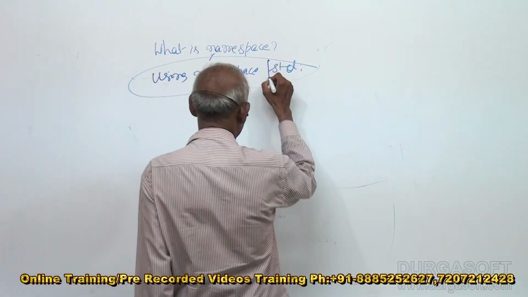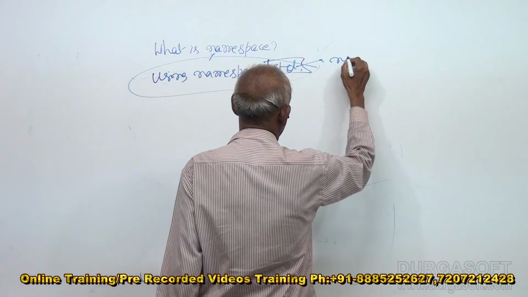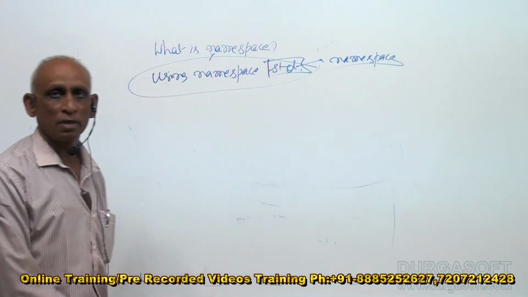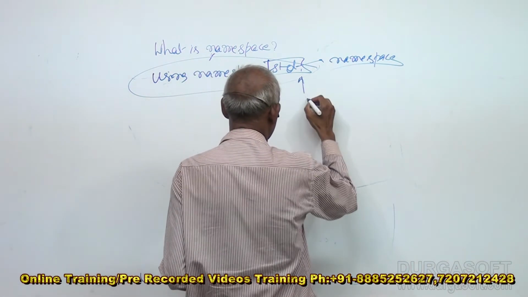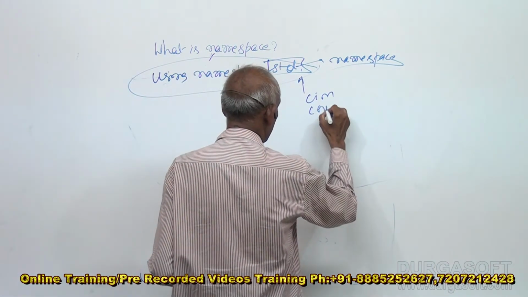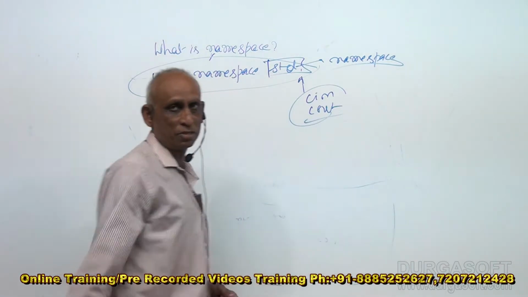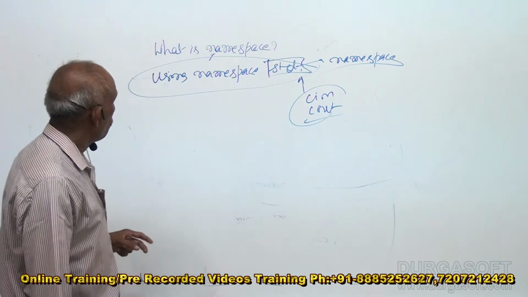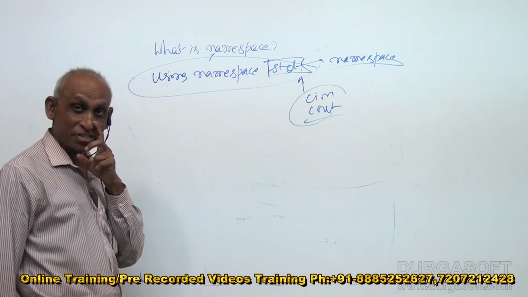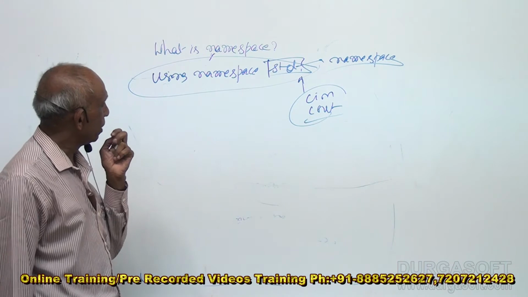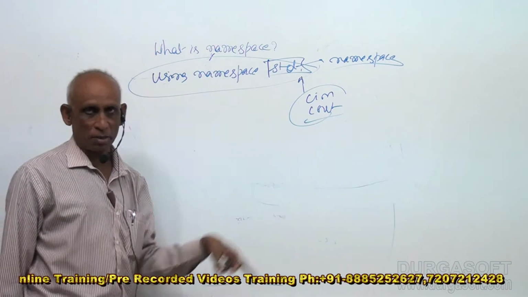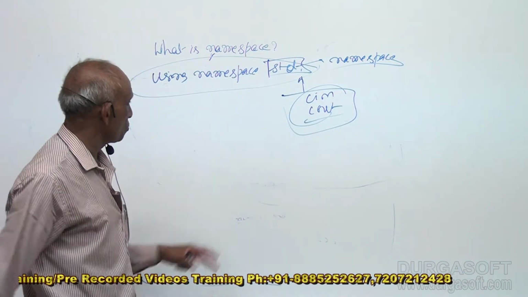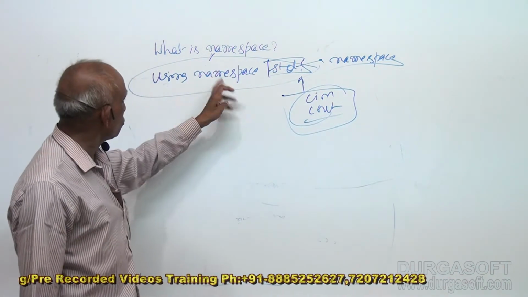So here std is a namespace, a built-in, predefined namespace. In this we have cin, cout and many more definitions. Since we are using cin, cout in every program, we need to specify this namespace std. std is the built-in or predefined namespace which contains the definitions of cin and cout.